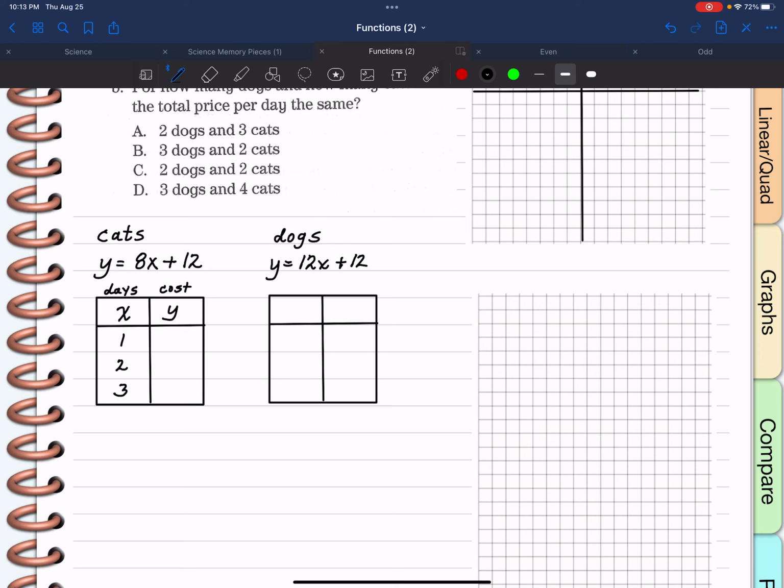So for 1 day, when x is 1, y is 8 plus 12, or y is 20 when x is 1.